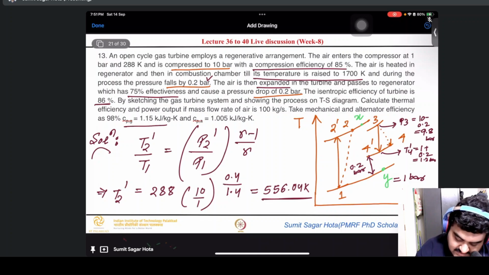If effectiveness of the regeneration is given, you have to consider it differently. First consider the turbine efficiency, then consider the effectiveness of the regenerator. In the question it's just written in the reverse way. I also got confused, so you don't need to be confused. First the turbine, then find the effectiveness for the regeneration. Get it?